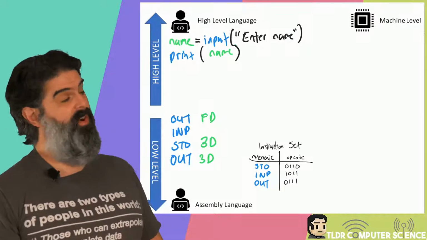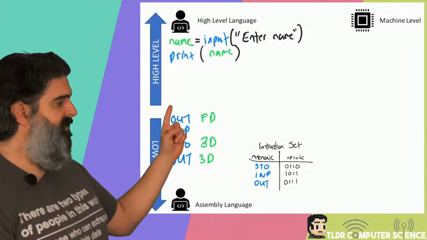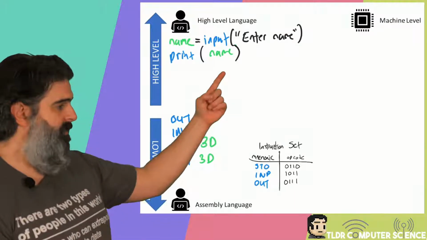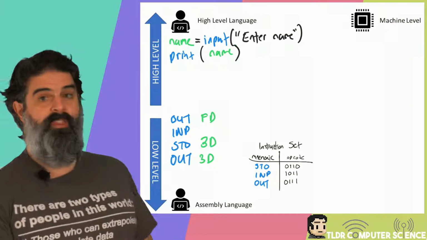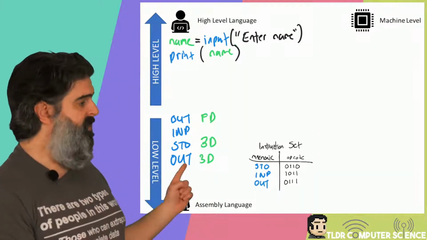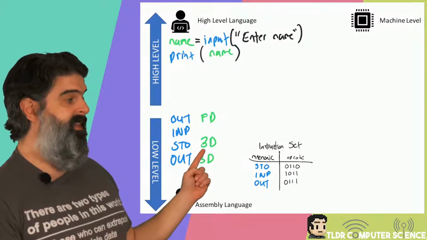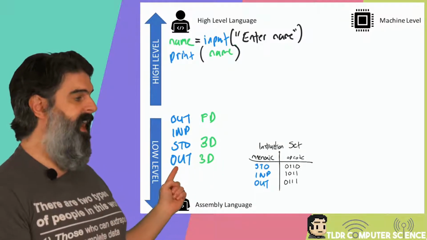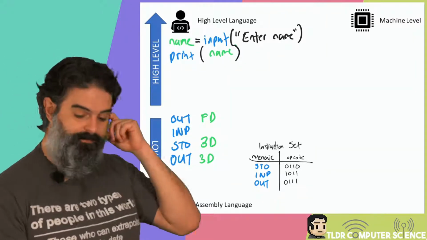Maybe we should say hi Bob, but we didn't do that. In assembly language, the first thing we have to do is output FD, so I'm saying FD is storing that message there, enter name. Then it'll say input, it'll get the user to input a value, store what that person wrote, so Bob or whatever, in the address 3D, and then output what was in 3D. So those 2 lines there became 4 lines here.